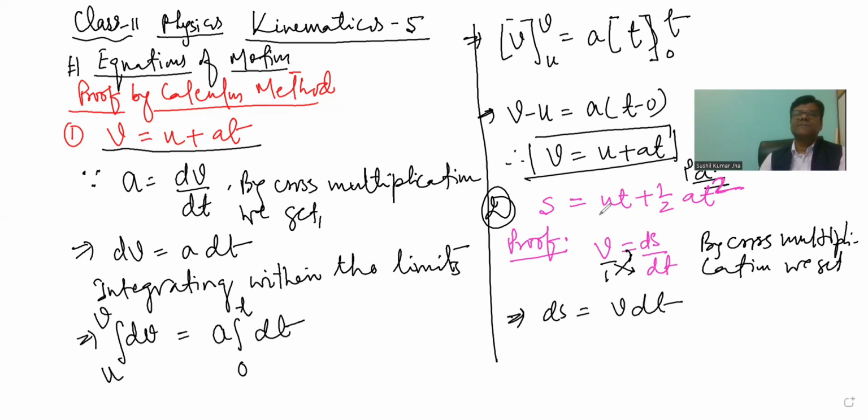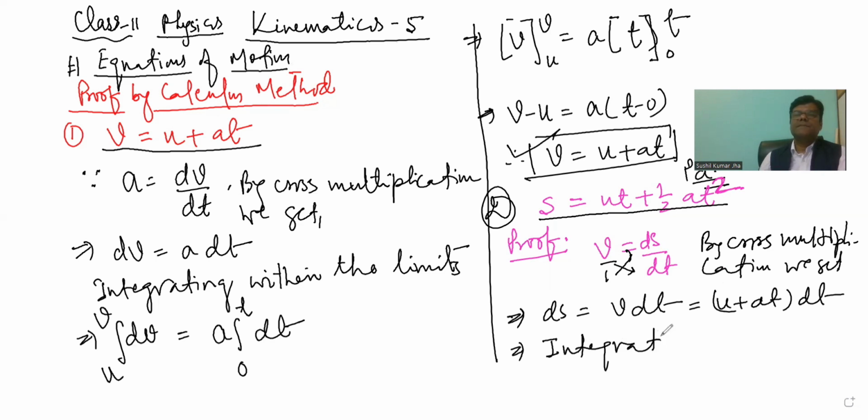But what we have to prove in that, v is missing. So v is replaced from the first equation of motion, which is u plus at, and then multiplied by dt. And now we'll integrate.